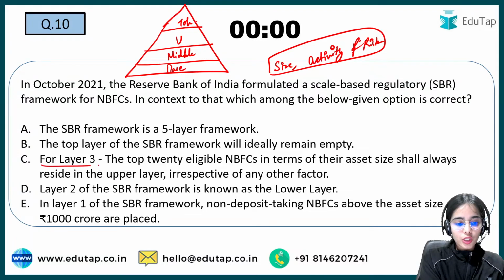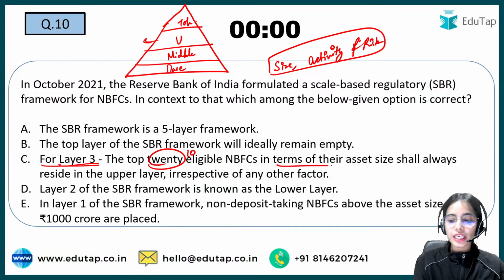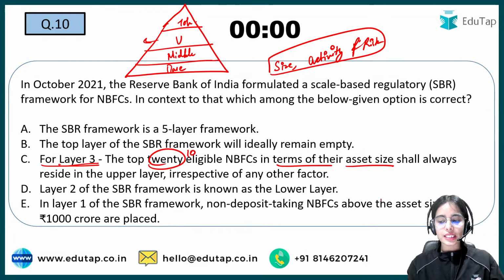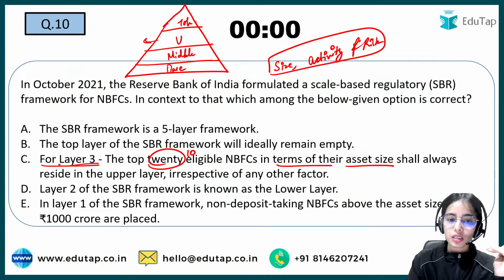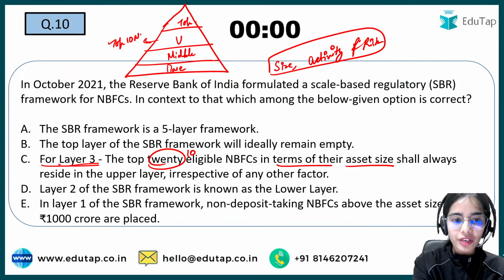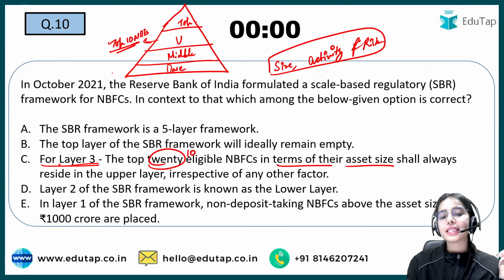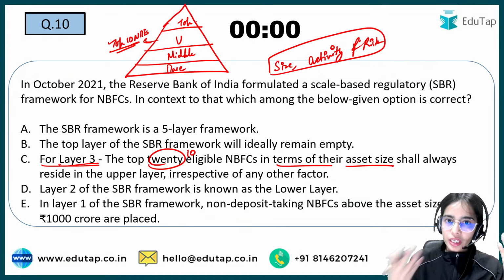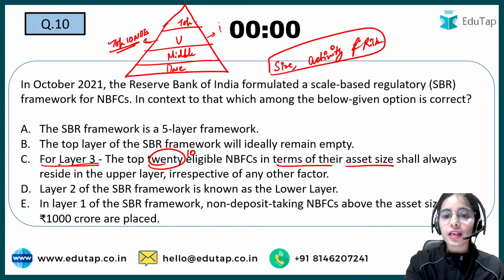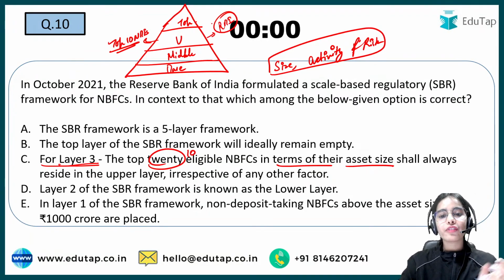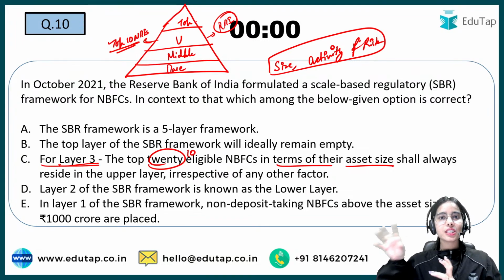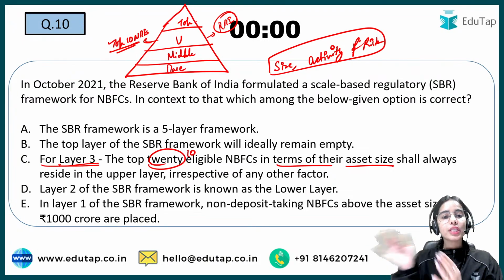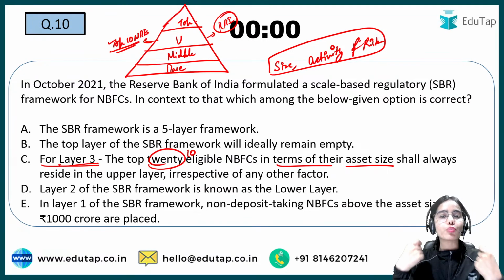So for layer 3, that is the upper layer, the top 10 eligible NBFCs in terms of their asset size, if they have huge asset size, they shall always reside in the upper layer. More NBFCs can also reside in the upper layer if the RBI thinks that these NBFCs are also important and have more riskiness, so they should also follow the higher norms.